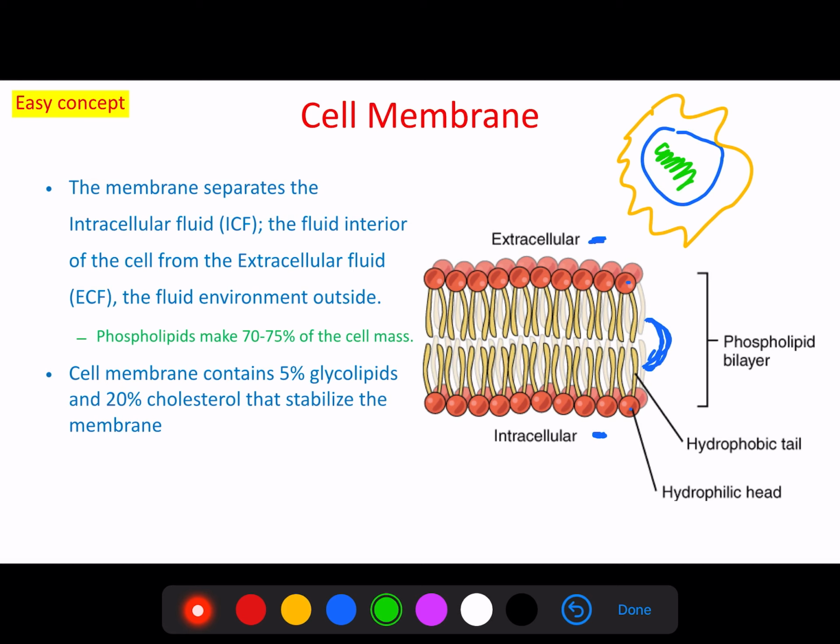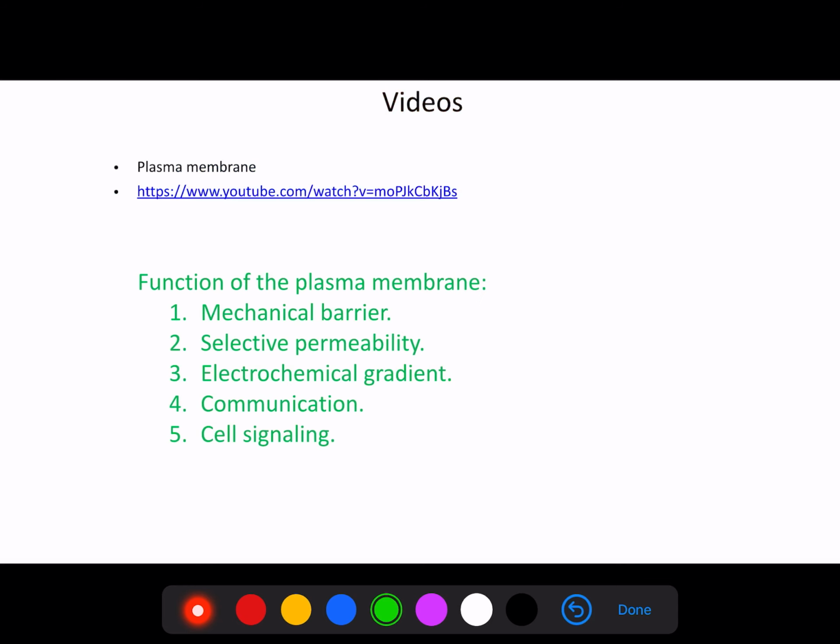So these heads, since they like water, are going to turn toward that water, whereas the part that is afraid of water is going to stay in the middle. The phospholipid would make around 70 to 75% of the plasma membrane, whereas the other components are 5% glycolipids and around 20% cholesterol that would stabilize the membrane.